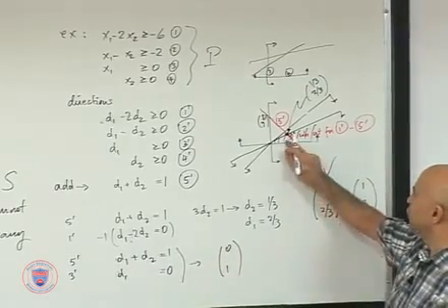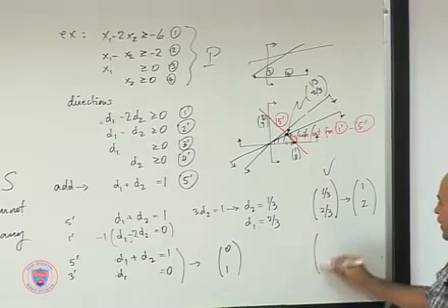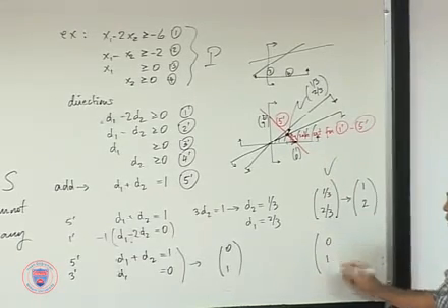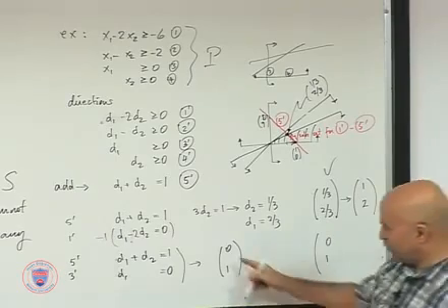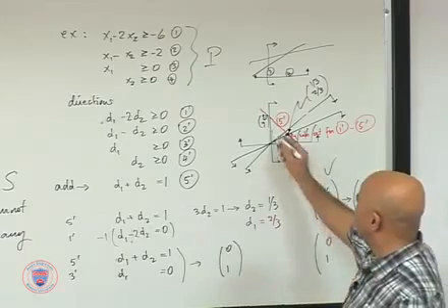So that's 0, 1, or 1, 0, sorry, 1, 0. Second direction. No. 0, 1 or 1, 0? Well, that's not a direction, though.